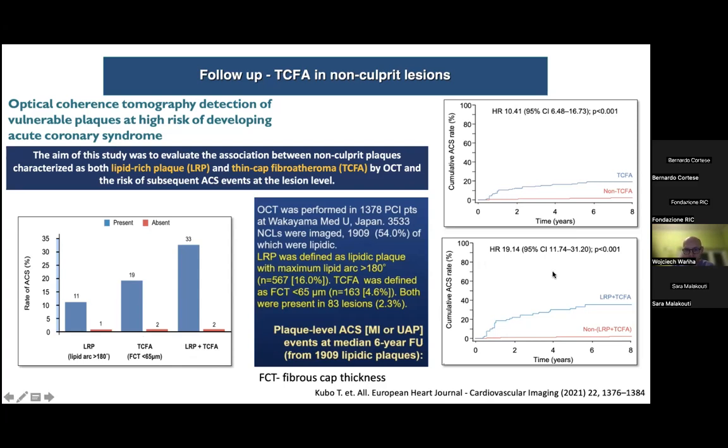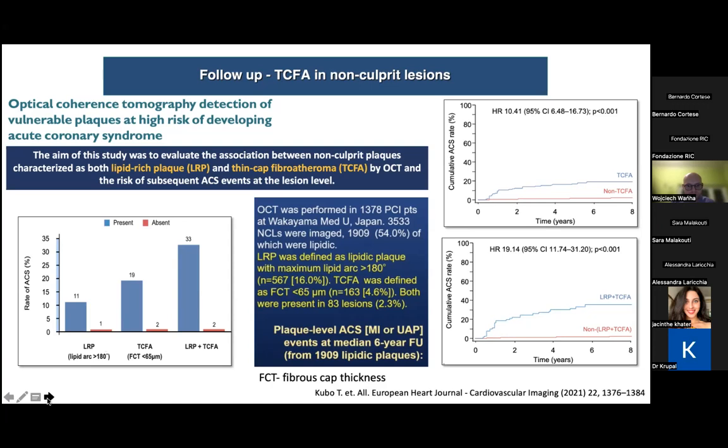However, the most dangerous type of vulnerable plaque is lipid-rich plaque plus TCFA. That study showed that the combination of lipid-rich plaque with TCFA, compared to patients who did not have lipid-rich plaque and TCFA, had nearly 20 times higher rate of adverse events during the follow-up, and adverse events in those studies were defined as acute coronary syndrome.